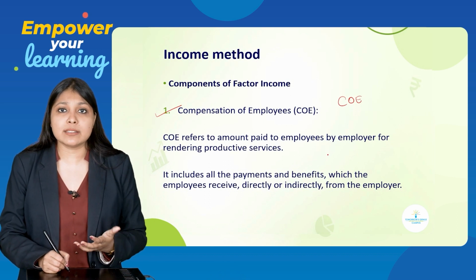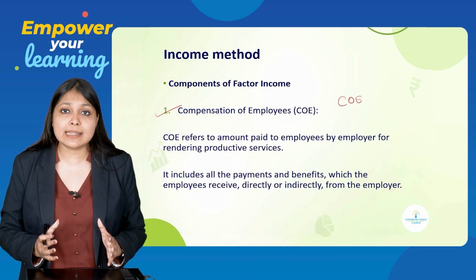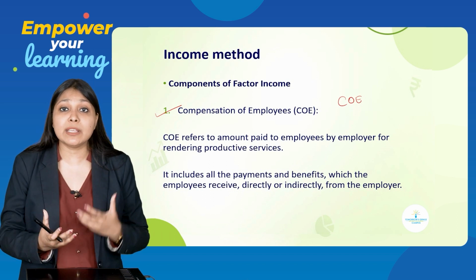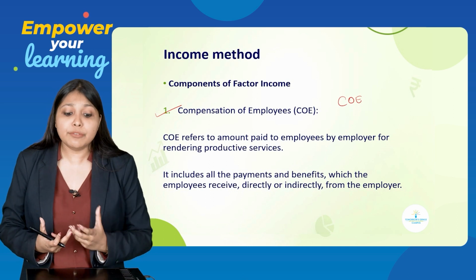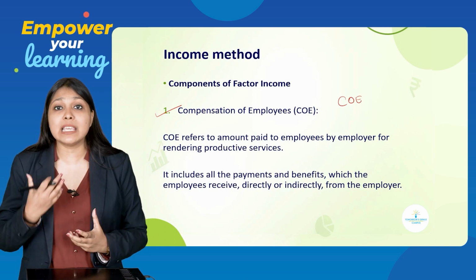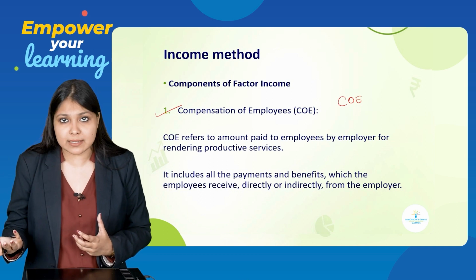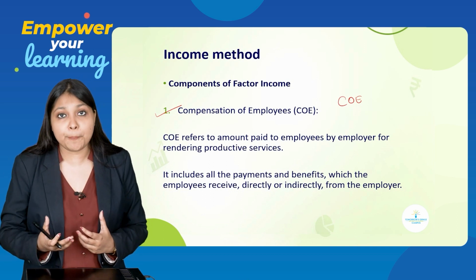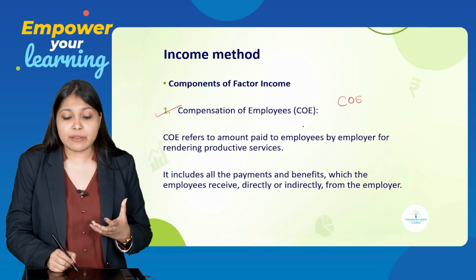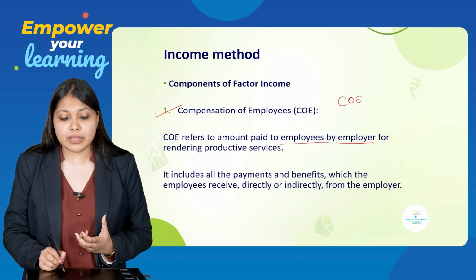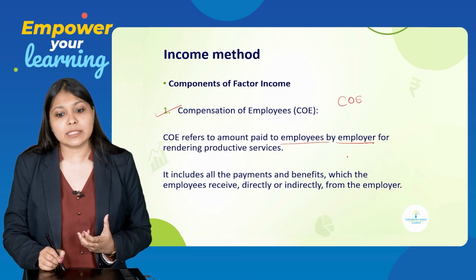With the name itself, we should understand that compensation of employees means the returns, the benefits, which the employer is giving to his employees for providing their services. COE refers to the amount paid to employees by an employer for rendering productive service.